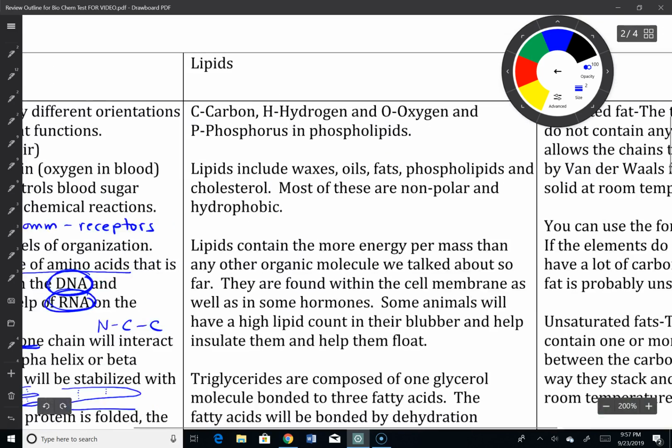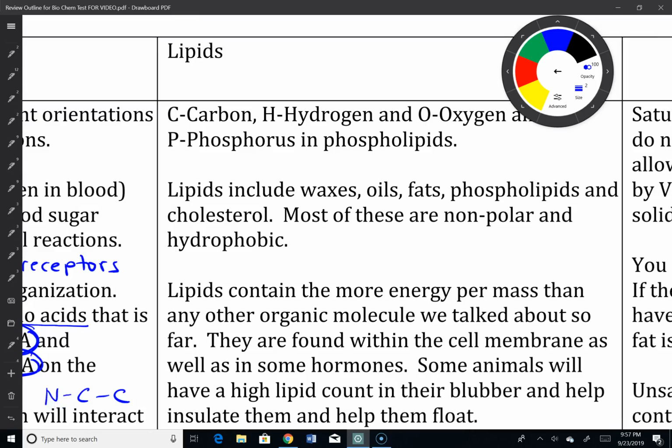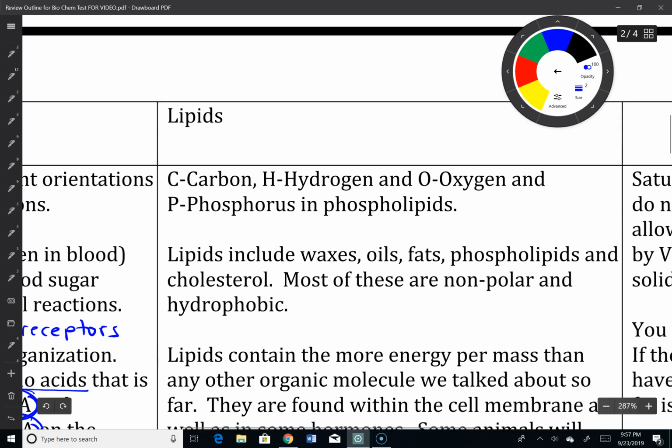Now we move our story to lipids. Yes, I'm sorry. Lipids are going to have carbon, hydrogen, and oxygen as their general rule. We're going to put this phosphorus here, gets a specific star right there, specific.